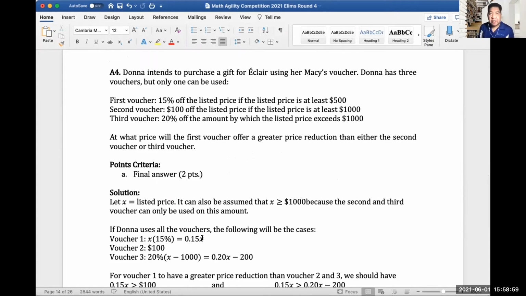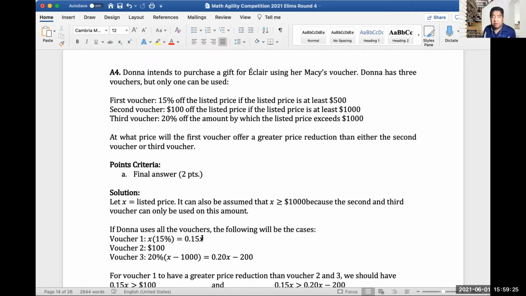So the question is, Donna intends to purchase a gift for Eclair using her Macy's voucher. Macy's is actually a big mall here in the US. Donna has 3 vouchers, but only one can be used. The first voucher is 15% of the listed price if the listed price is at least 500.